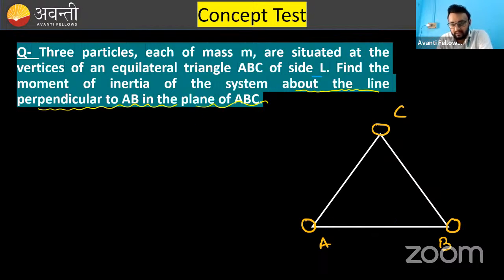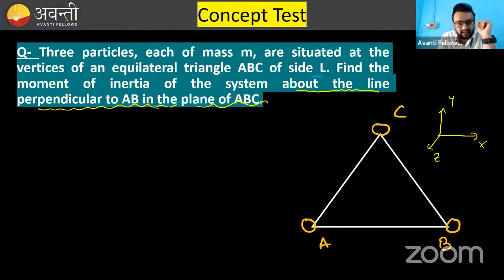So this is the line AB, and perpendicular to AB will be in two cases, like in the y direction or in the z direction. Suppose this is our x-axis, this is our y-axis, and this is our z-axis. So AB is along the x-axis, so perpendicular to it will be either in y or in z.